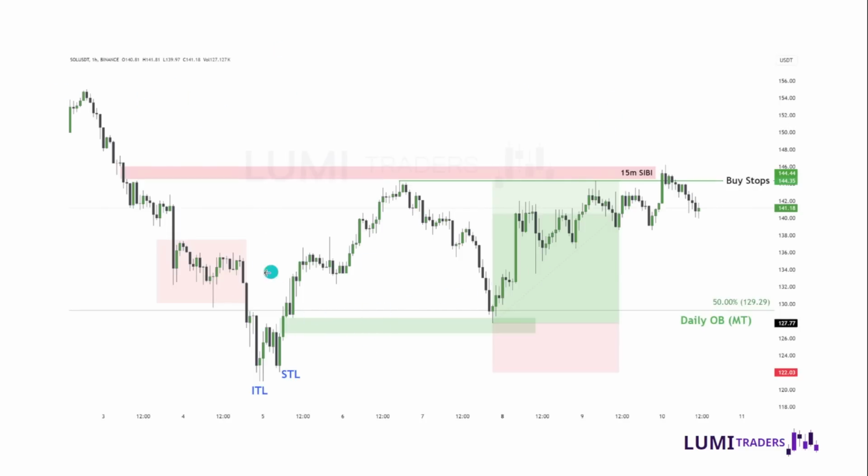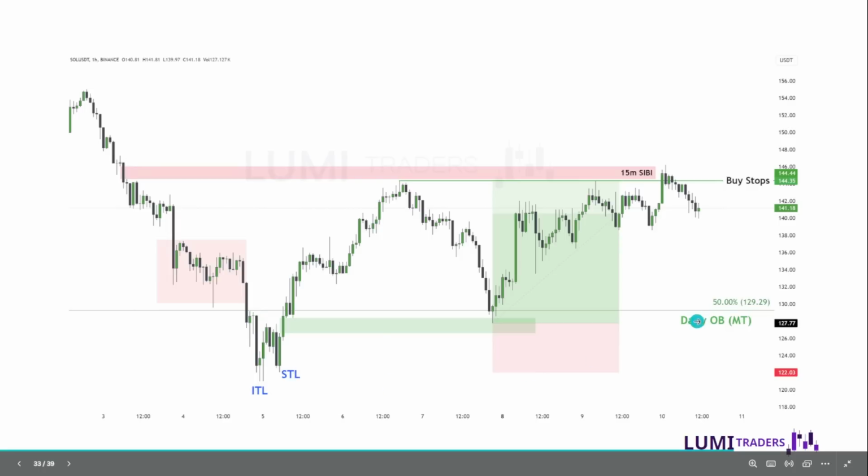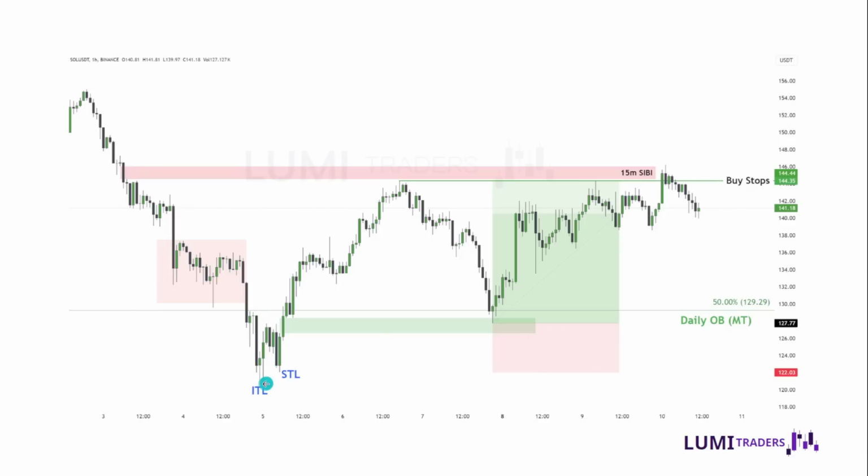One more example. Some cryptos. Yeah, it's crypto actually. We got 50% of the daily order block, an intermediate term low, and some sort of distance between the intermediate term low and the short term low. We got equal lows right here, so the short term low was formed only right here. We can see that the very first fair value gap of the short term low was kind of open, never tested.